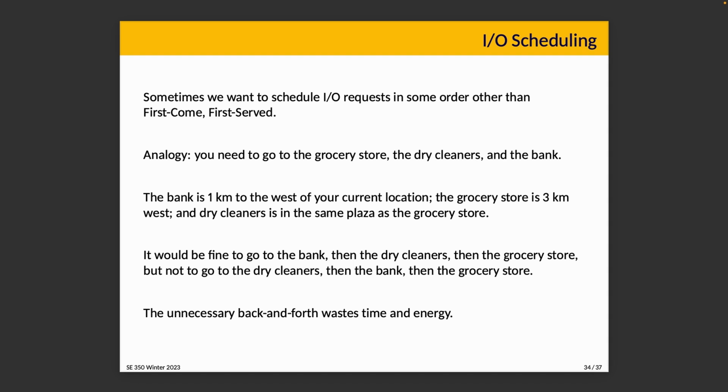And when I say that, what I'm really talking about is something like, okay, you need to go to the grocery store, you need to go to the dry cleaners, you need to go to the bank, and based on where you're standing, the order in which you do those may be different.